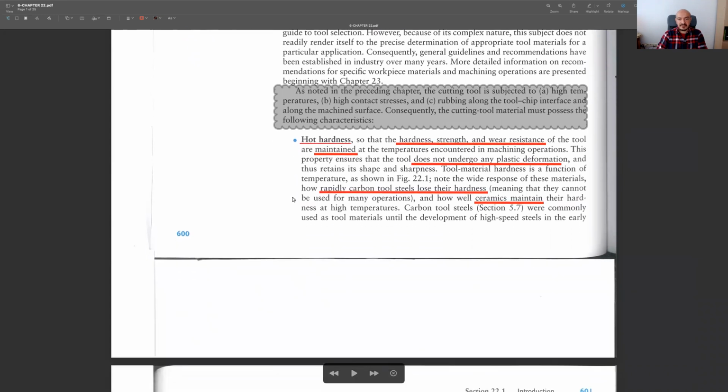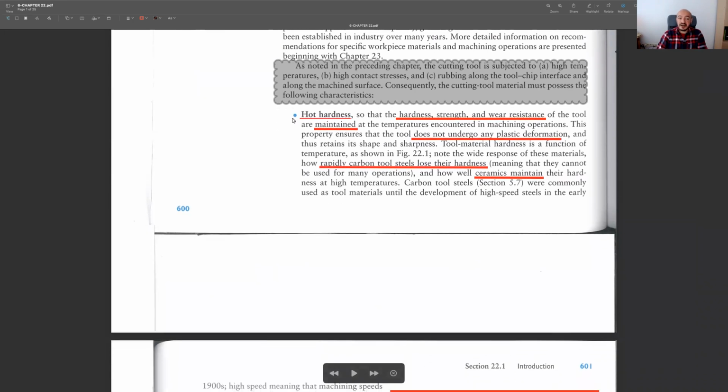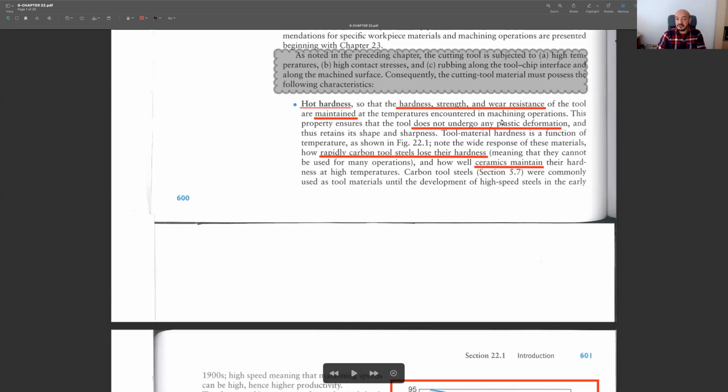Now I will talk about some properties which we want our cutting tool material to possess. The first one is hot hardness, and as the name implies, it means having hardness values even at high temperatures. So if your material has good hot hardness values, then it should maintain its hardness even at high temperatures during the machining operation.